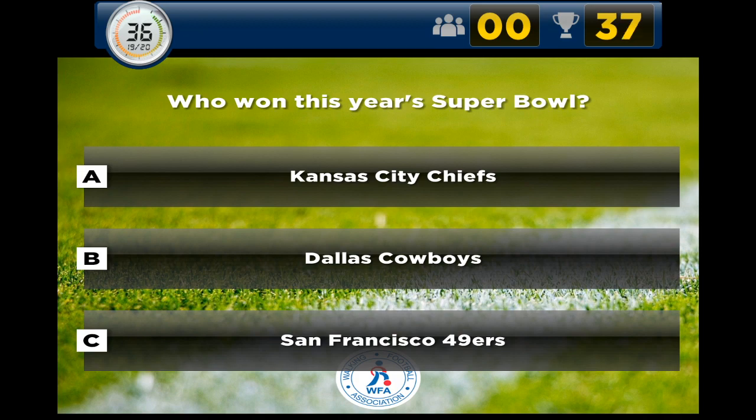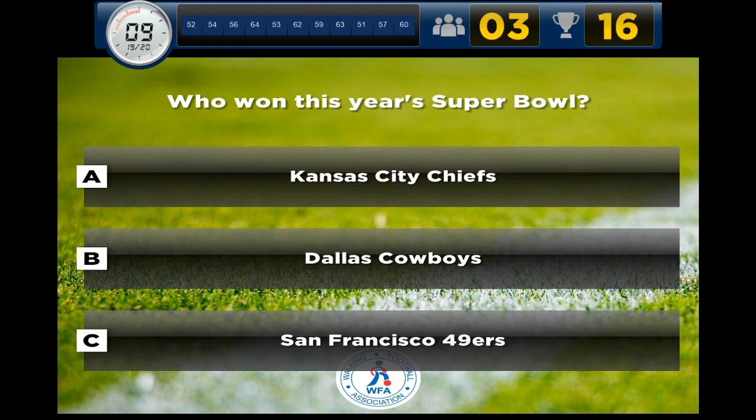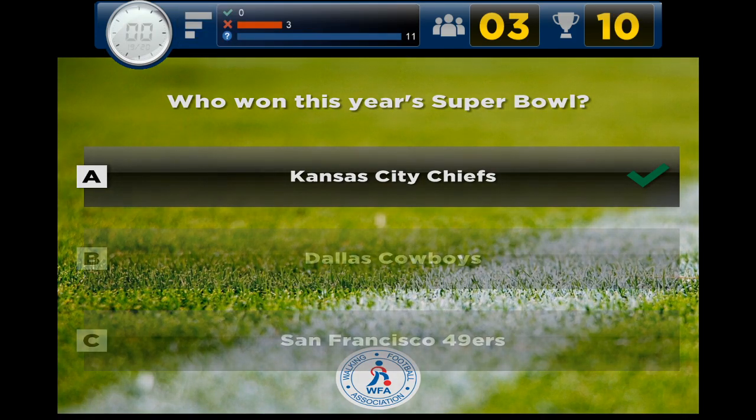So we're looking for the winner of this year's Super Bowl, either Kansas City Chiefs, Dallas Cowboys or San Francisco 49ers. 15 seconds remain. And the answer is Kansas City Chiefs.